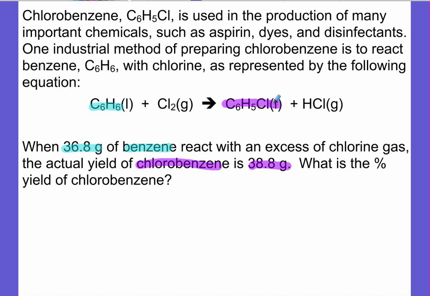So this is actually fairly simple. We're going to do the same thing that we did in section 1. I have to find my calculator here so I can do this work. But we're going to start out with 36.8 grams of benzene, C6H6.